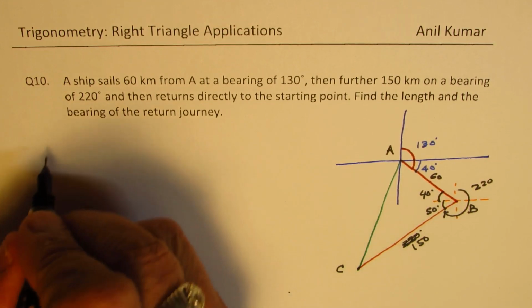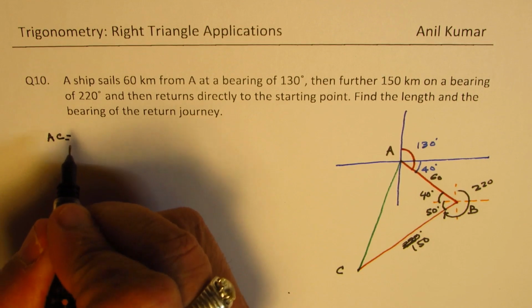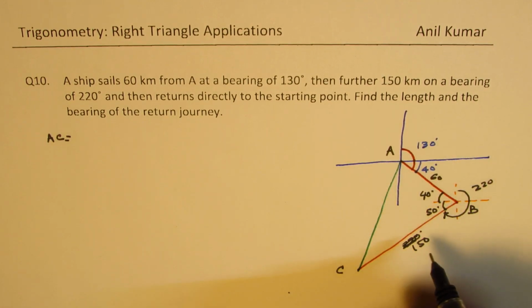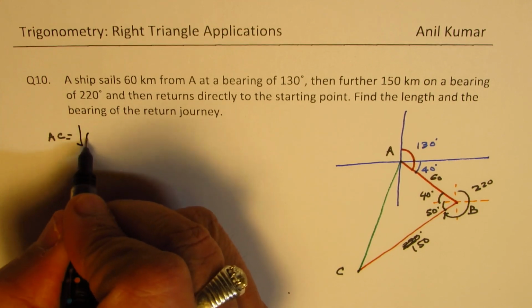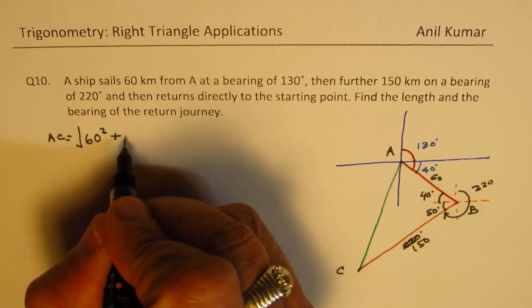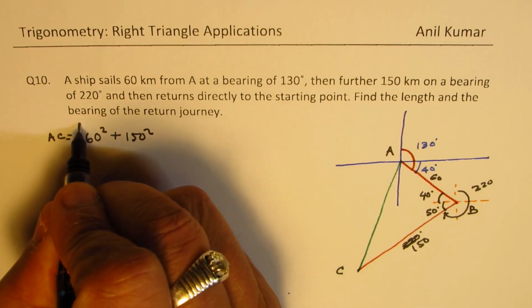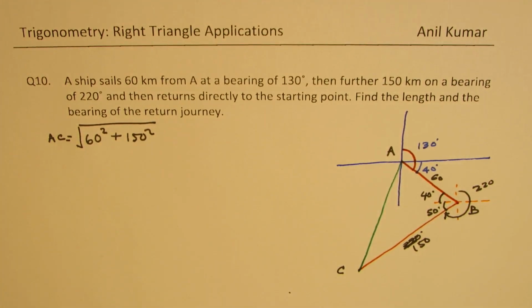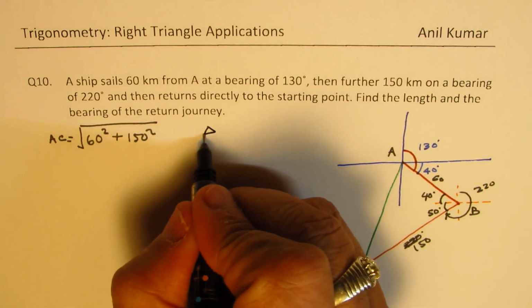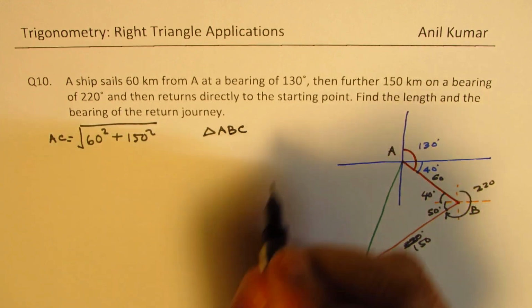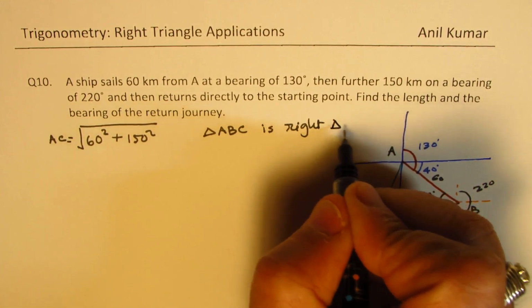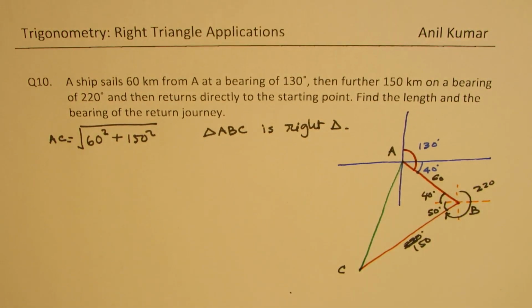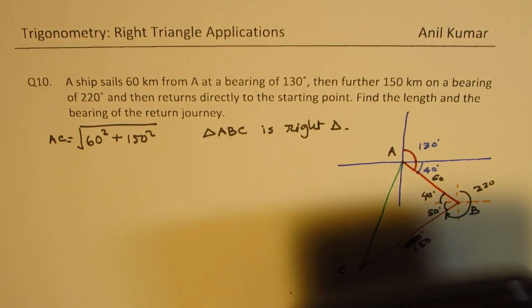So that means A to C, since we have a right triangle, we can find this as the square root of 60 square plus 150 square, correct? Since the triangle ABC is a right triangle. So let's find this first.